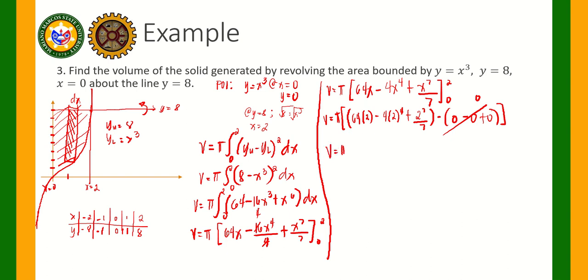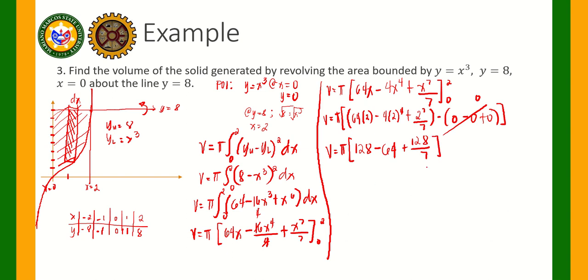So, V is equal to pi times, what is 64 times 2? That is equal to 128. Then, 4 times 2 raised to 4. 2 raised to 4 is equal to 16 times 4. That is equal to 64. And then 2 raised to 7 over 7. 2 raised to 7 is equal to 128 all over 7. Okay?